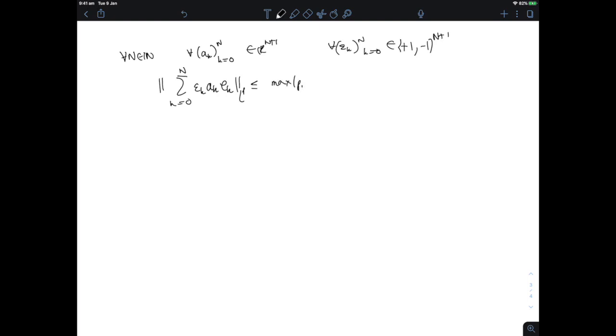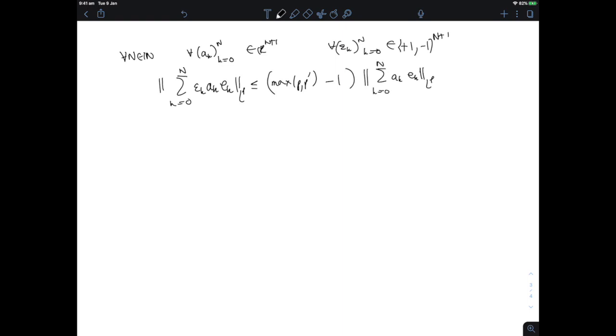So we will prove that for every capital N in N, and for every choice of real numbers AK, for every choice of signs, epsilon k, we have that the sum of epsilon k ak ek, k equals 0 to n, is controlled in LP by a very specific constant, and the constant is going to be maximum of p prime minus 1, and that happens to be the best possible constant, times the norm of sum of ak ek without the epsilon k.